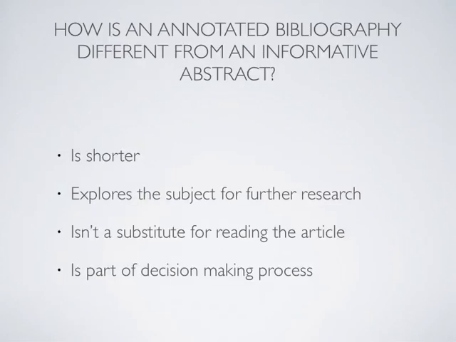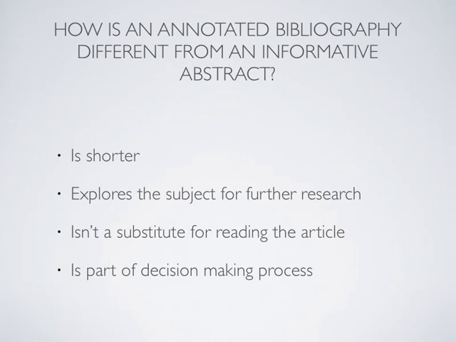So, how is an annotated bibliography different from an informative abstract? Well, importantly enough, it is shorter and it is a fixed length. As I said, it is 100 words to 150 words. It explores the subject for further research. An annotated bibliography is not a substitute for reading the article.